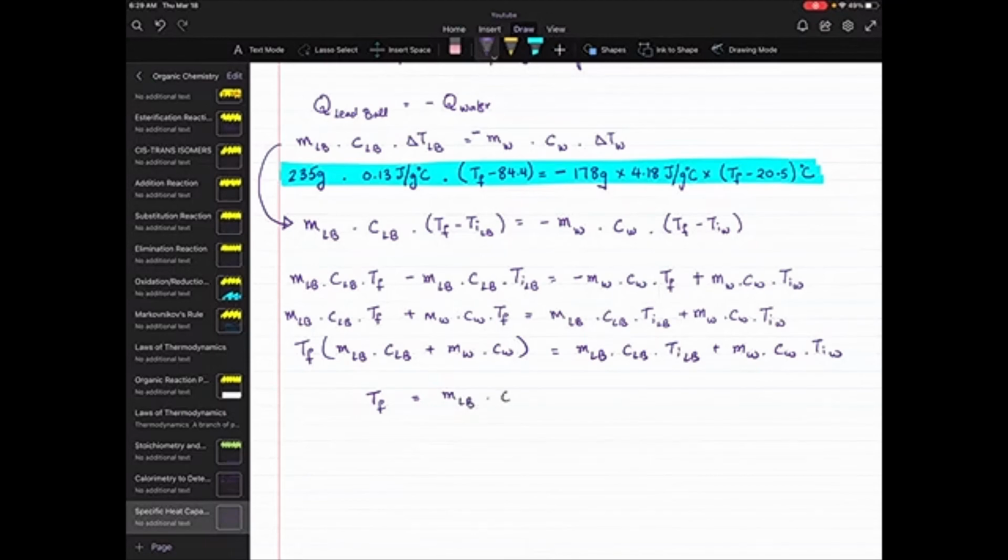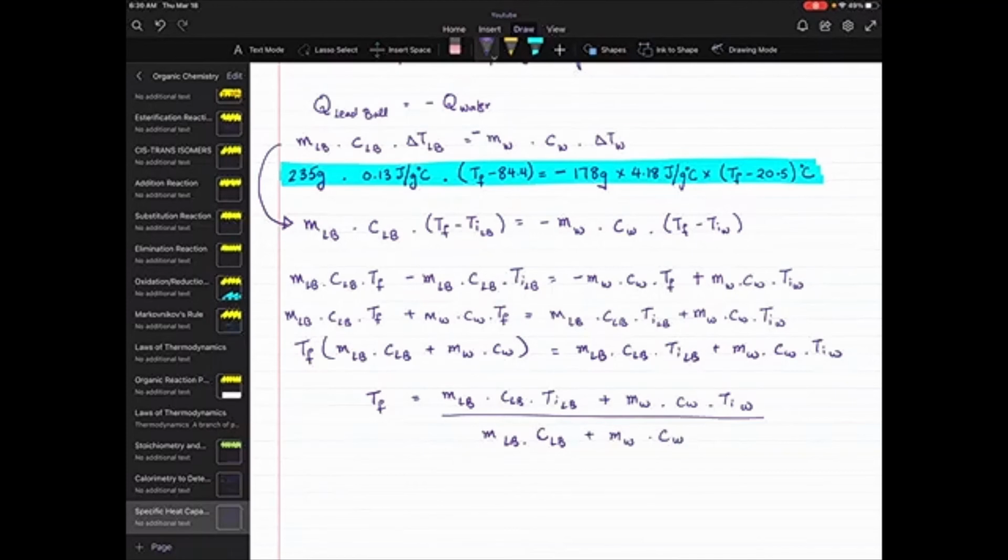So we'll get M of LB C of LB TI of LB plus MW CW TIW over M of LB times C of LB plus M of water times C of water.